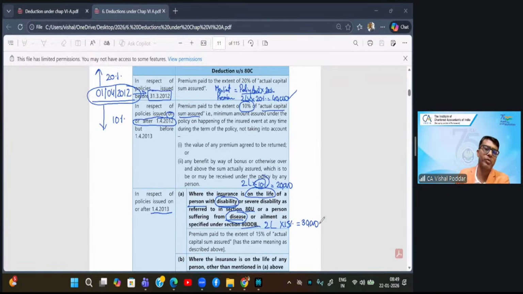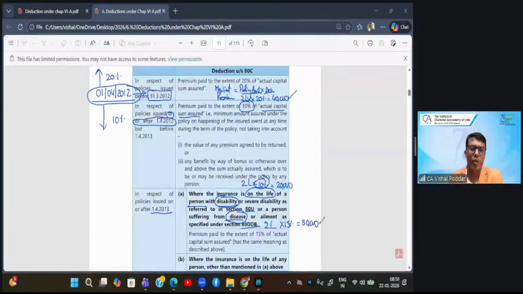So these are the maximum amounts. Compare it with your actual premium. Whichever is lower will be eligible for deduction. But you have to remember, if you have paid for brother, sister, even though it is given that they are fully dependent on you, you take care of them, still you don't get deduction.